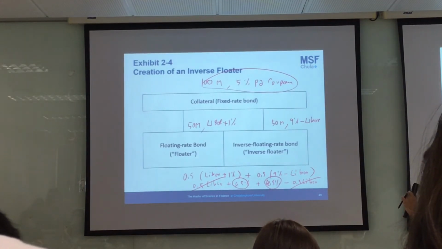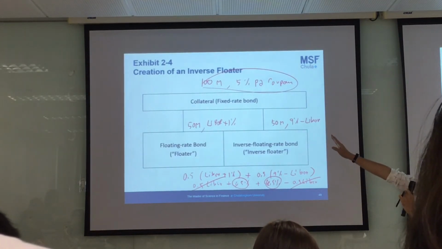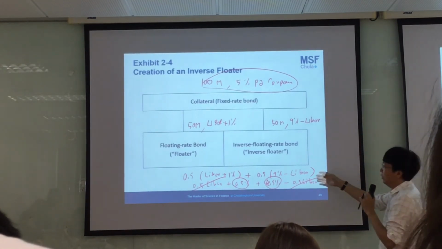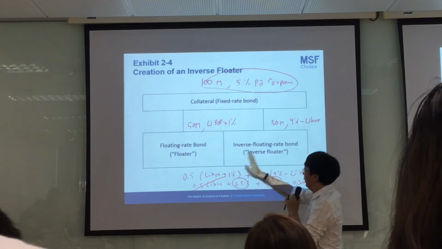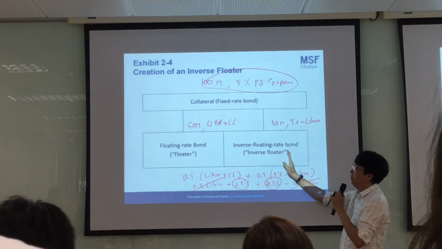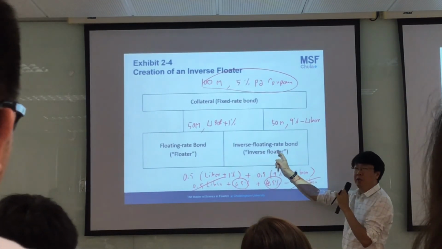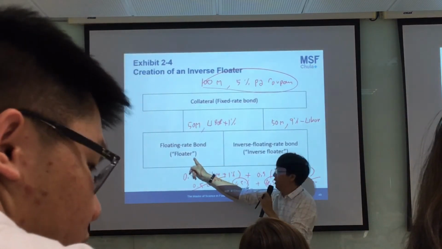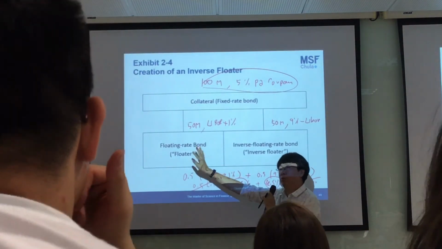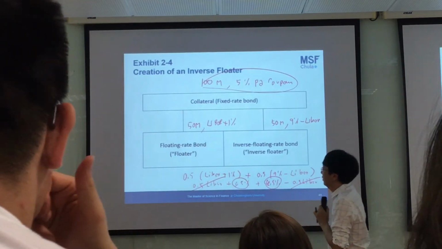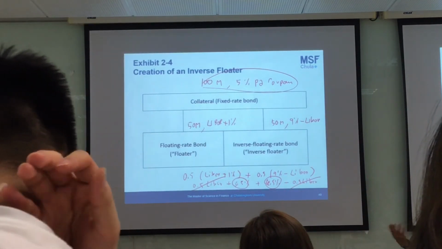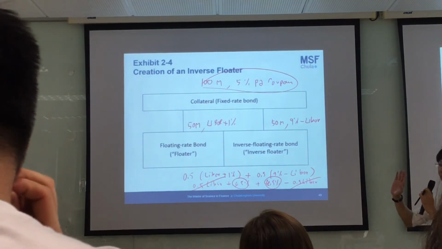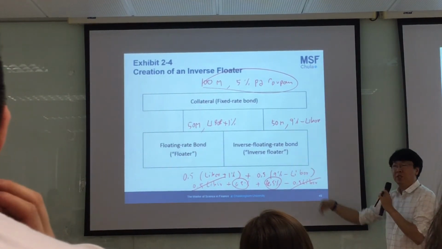When the market interest rate decreases, the collateral, the fixed rate bond, increases in value. However, the floater does not increase, so the inverse floater's value change must account for it, right? As we have discussed, the floater will be adjusted to equal par. So to make the value change equal between the fixed rate bond and the inverse floater, the inverse floater must change more, right?